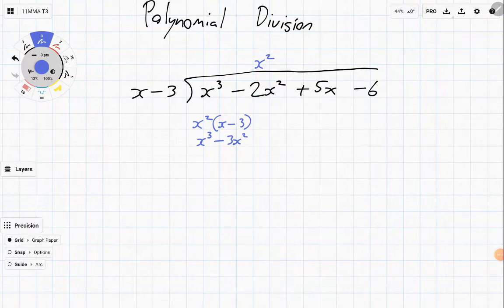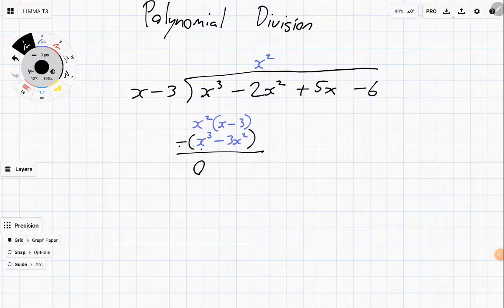I've expanded that out. And now what I'm going to do is subtract this off x to the 3 minus 2x squared. x to the 3 minus x to the 3 is 0x to the 3. That's the whole point. That's why I chose x squared, to get rid of the x to the 3.